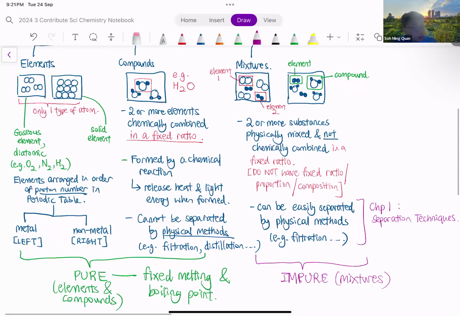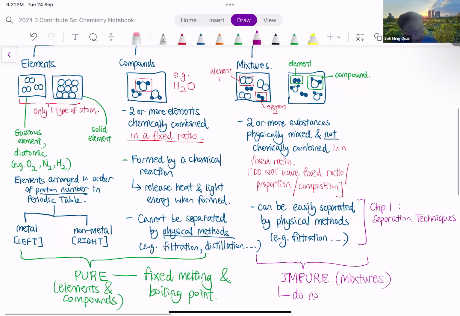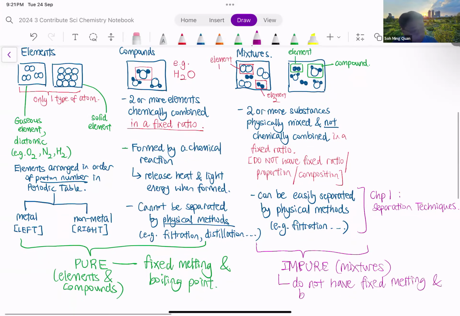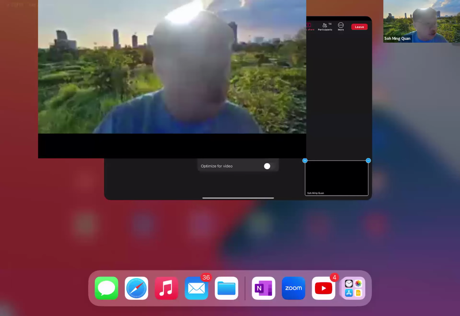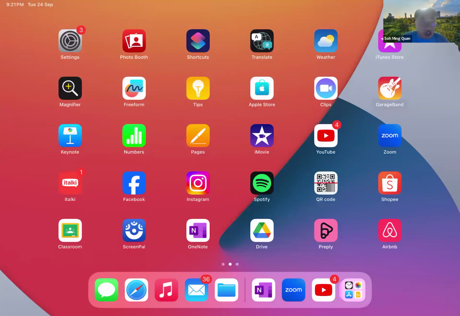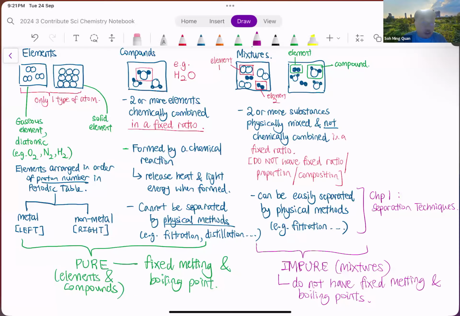They are impure because they do not have fixed melting and boiling points. That means that they might melt from 0 degrees all the way to like 3 degrees. So it's a range of temperatures.